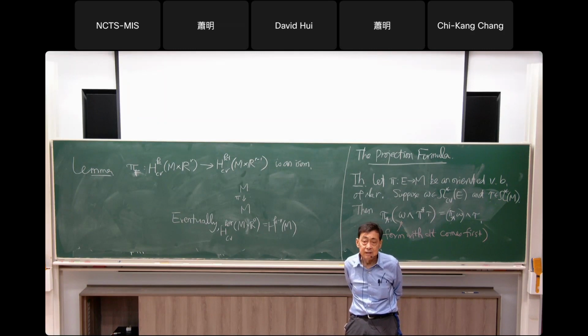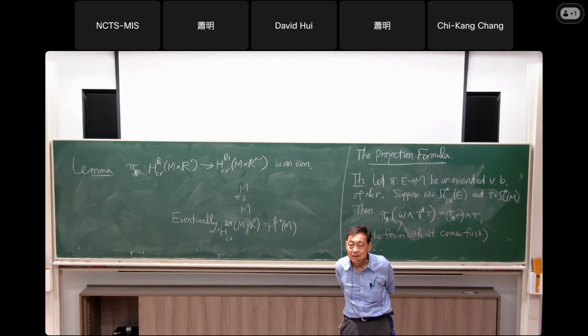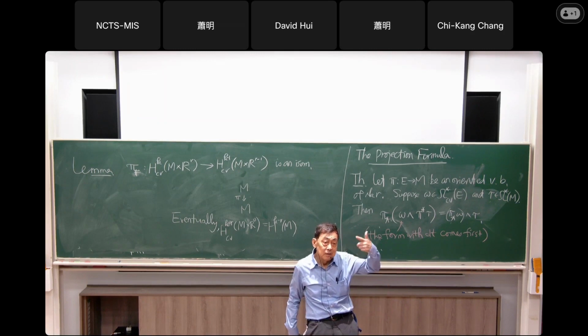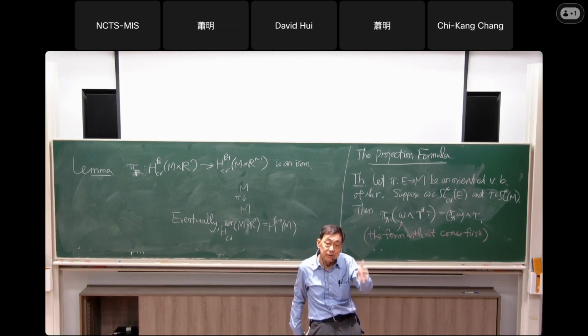When it's oriented, it means that every fiber, which is a vector space, is given an orientation. We need that orientation on the fiber so that we can do integration along the fiber. When you integrate, you always need an orientation. If you change the orientation, you get a minus sign.